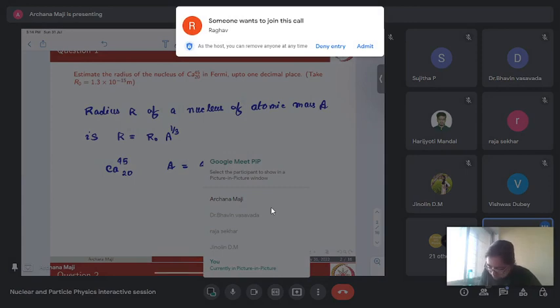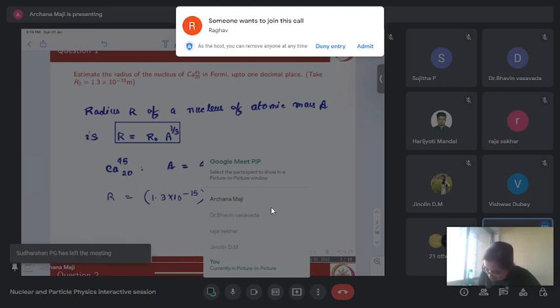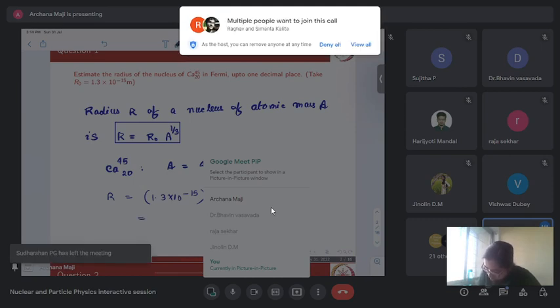If you substitute these two in this formula of R, this is in meter. If you compute this, you will get 4.6 into 10 to the power minus 15 meter, which is 4.6 Fermi.